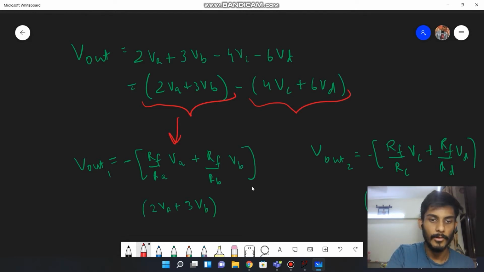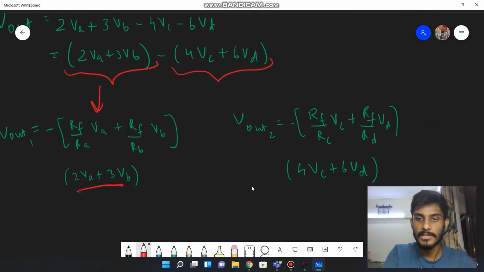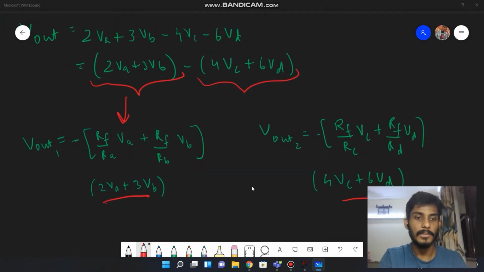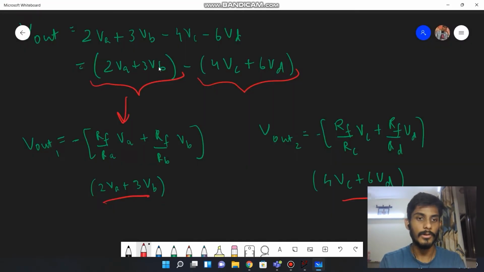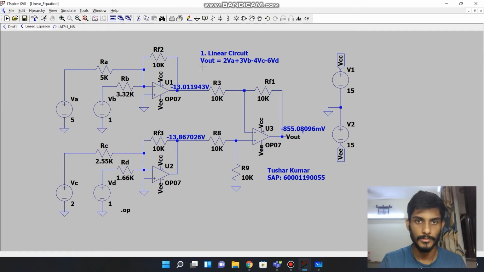Finally we want 2Va plus 3Vb, and here we need 4Vc plus 6Vd. We have taken the value of Rf as 10 kilo ohms.